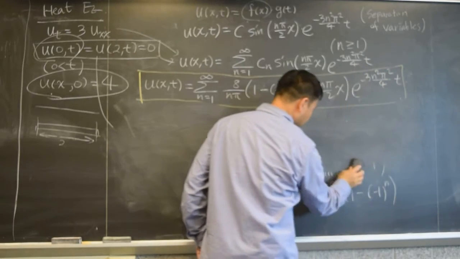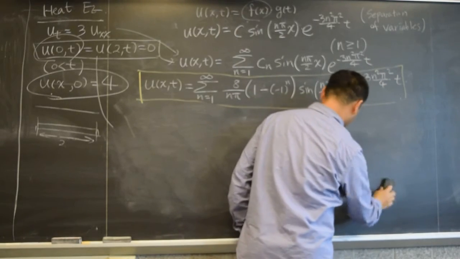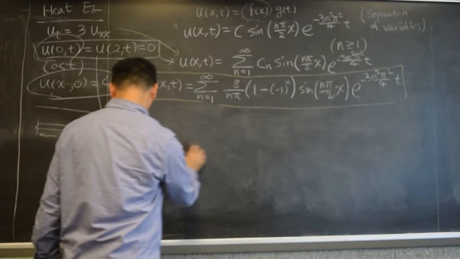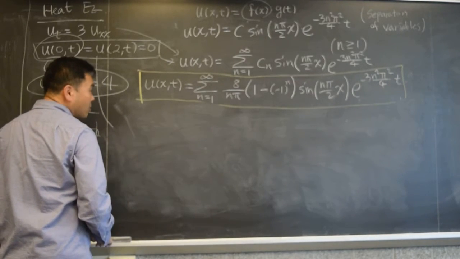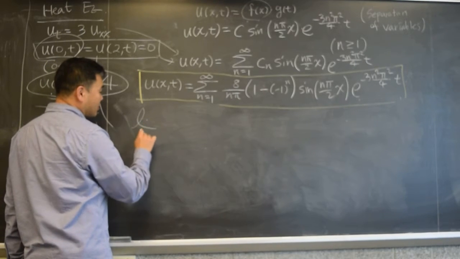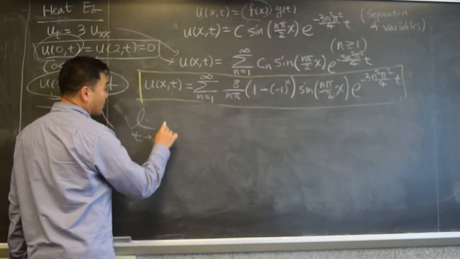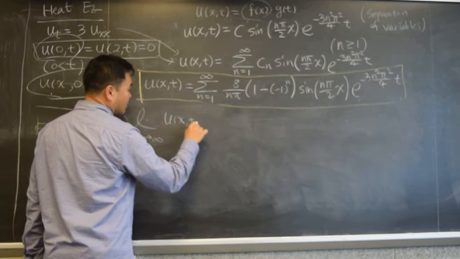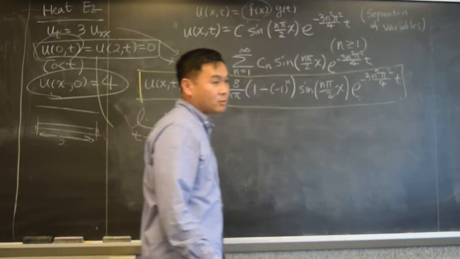Now, let's think a little bit more about this solution. What happens if you take the limit as t goes to infinity of u of x, t? What do you think will happen?